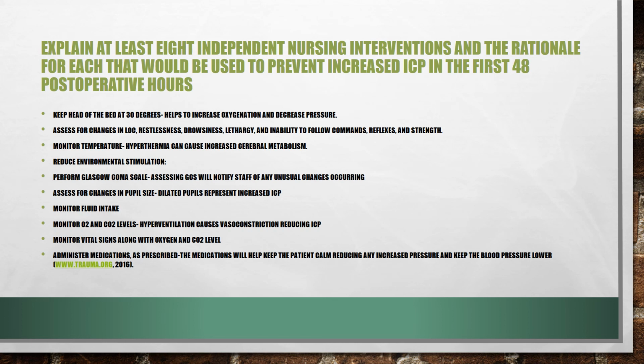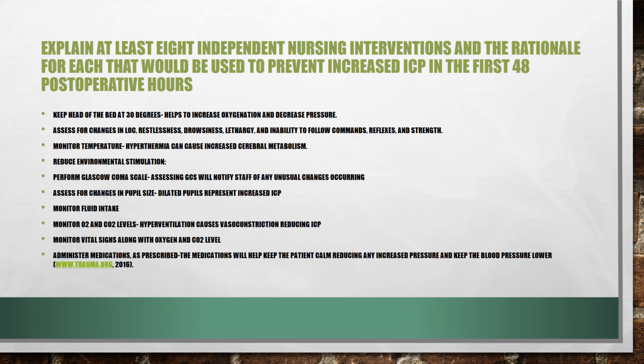We want to reduce environmental stimuli, keeping the lights dimmed, noises down and things like that. We are going to perform the Glasgow Coma Scale and then notify the physician if there are any changes that occur. Assess for changes in the pupillary size.